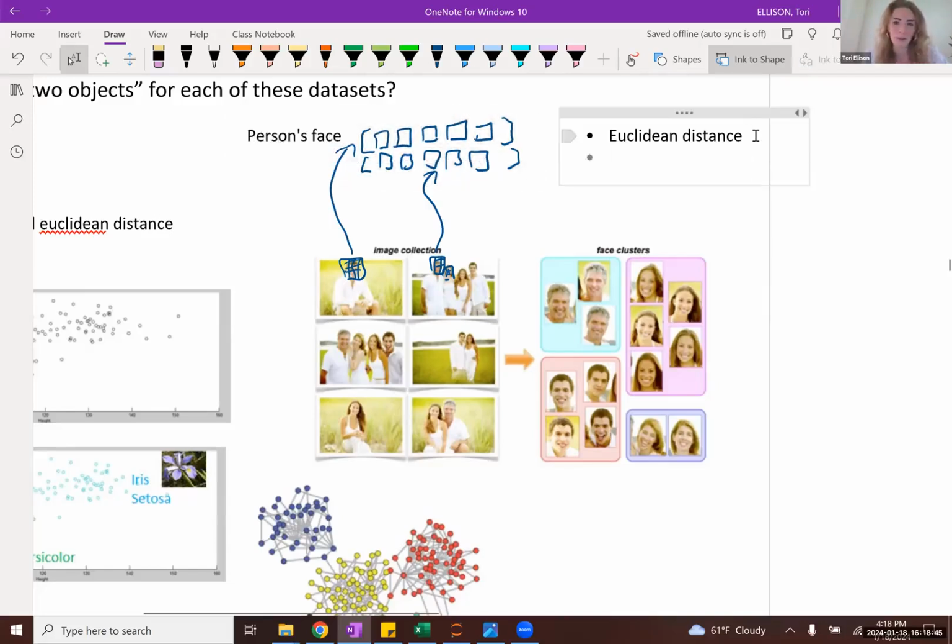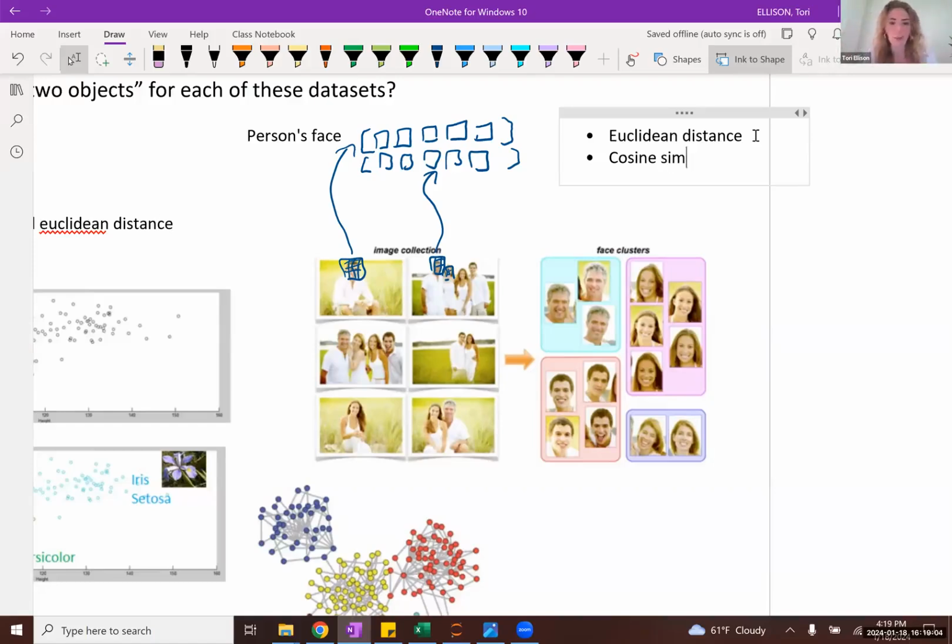If you're ever trying to measure the similarity between two rows in a data set, the Euclidean distance technically always works.